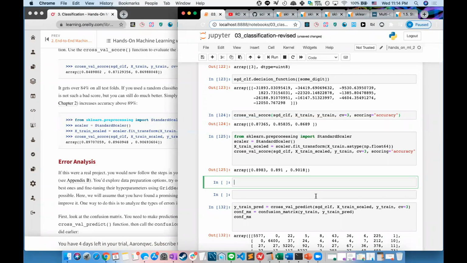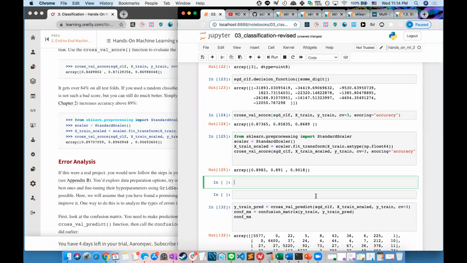But that's just for display. It does look to me like they should have used normalizing here instead of StandardScaler, because the data could have negative values. I think what you really want to do is put the numbers between 0 and 1, so you just scale it down by a factor of 255. But I guess this works too, though I wouldn't have done it that way.